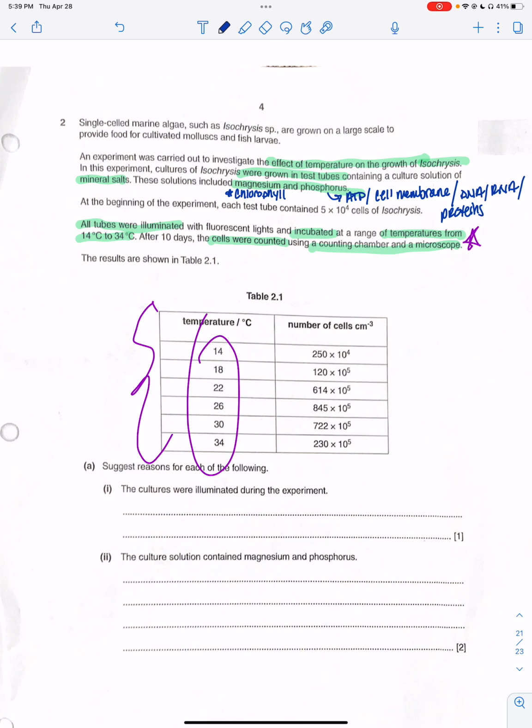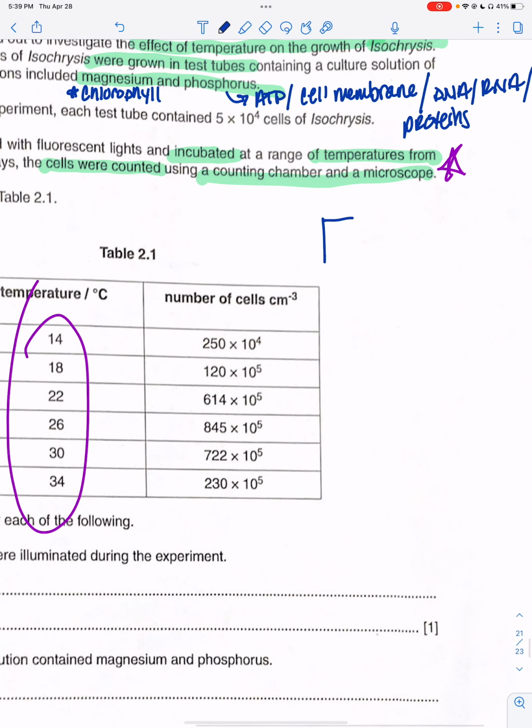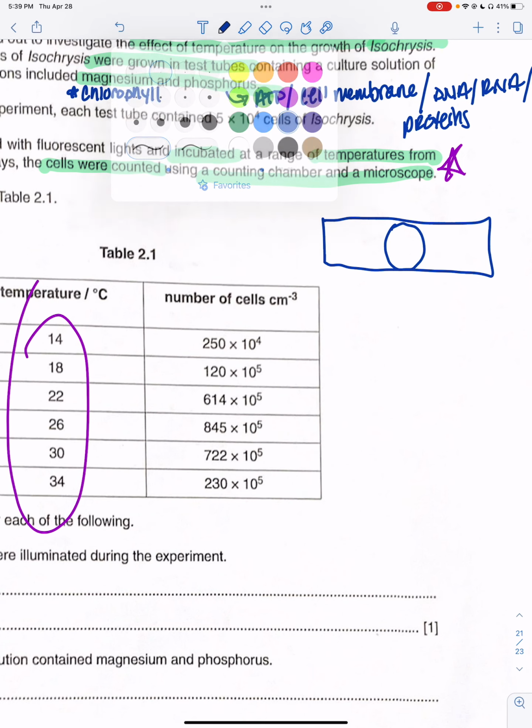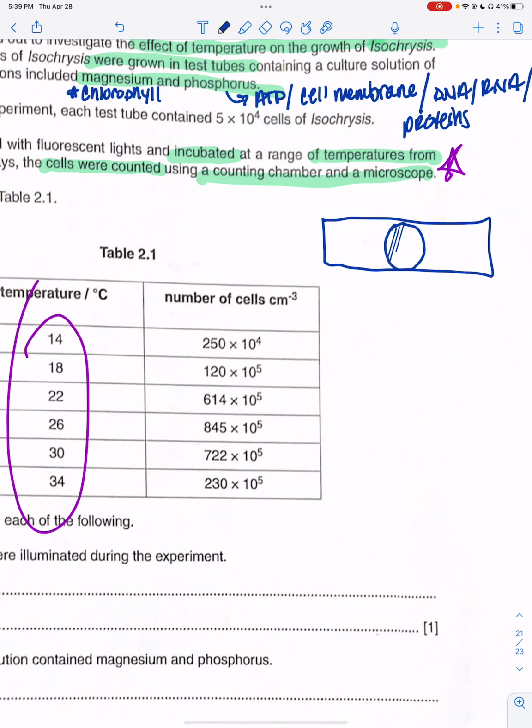Literally, this is like a microscope slide. And in the middle of it is microscopic like quadrats.